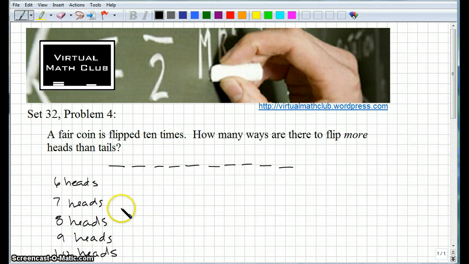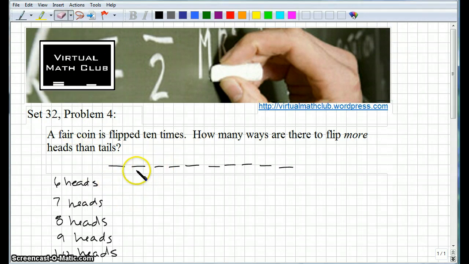Alright, so the number of ways that we could get 6 heads is sort of like, if we call H a head, then we're looking at these 10 places here, and we have 10 choices to put the first head.